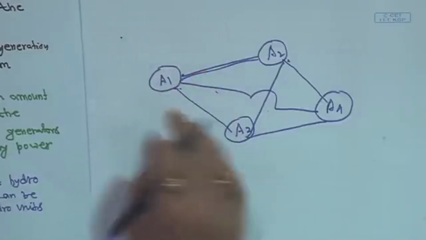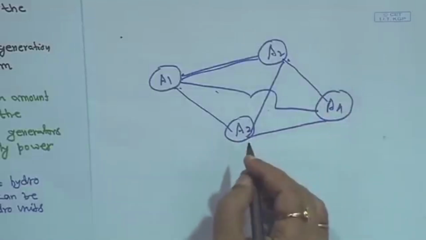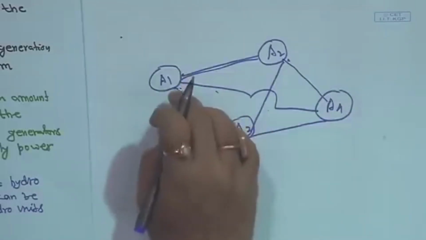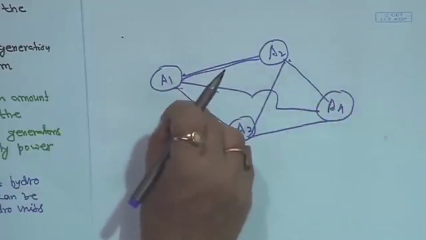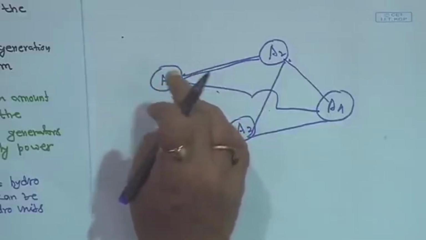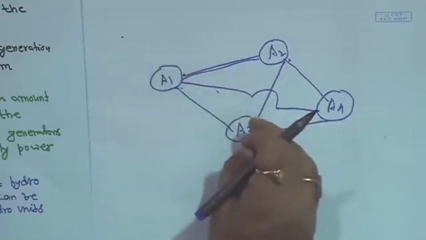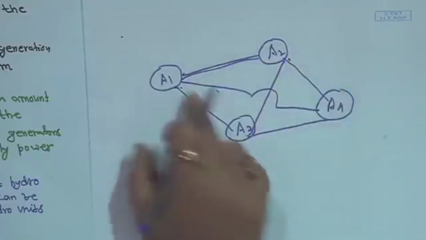Here also, sometimes it may happen that this area needs power from the other areas, because here the load demand is more but its generation capacity is less. So at that time this particular area can borrow or purchase power from these 3 areas if it is interconnected.